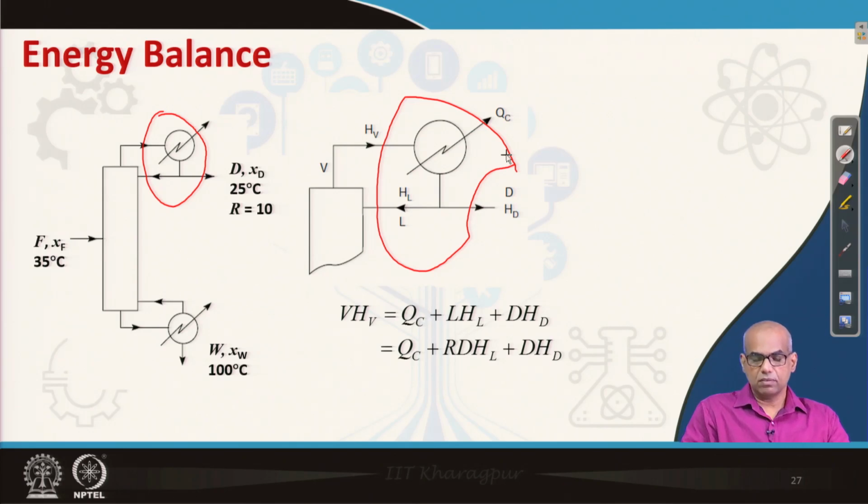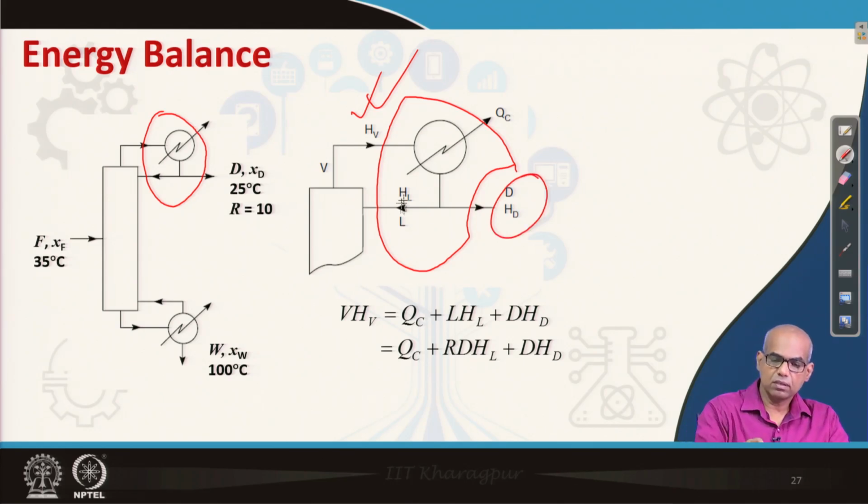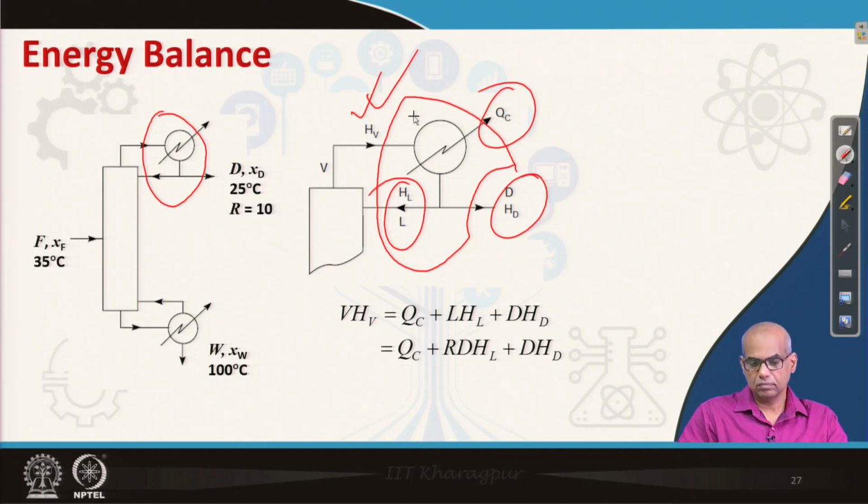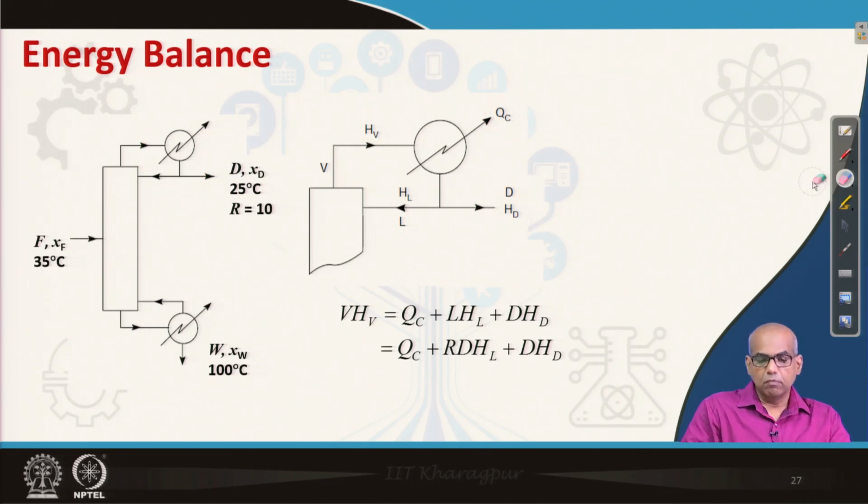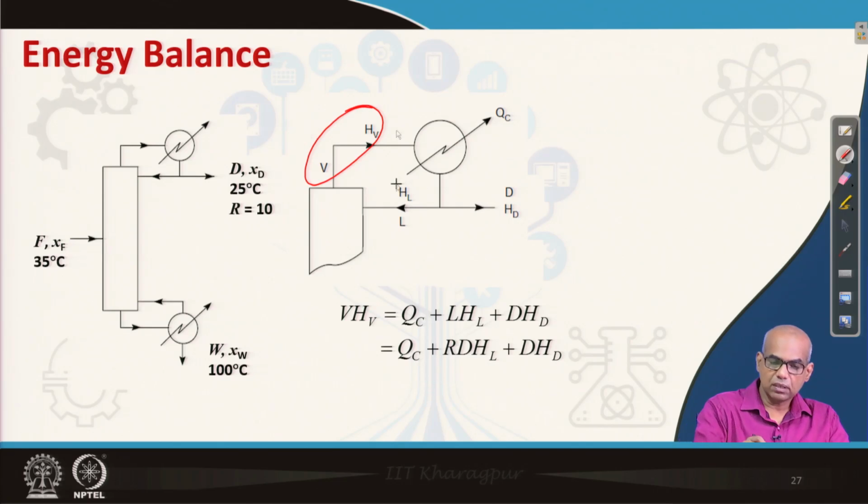So, energy enters with HV, energy leaves with this as well as this. So, you can write V into HV, the amount of energy that enters, is equal to energy leaves LHL plus DHD plus QC.